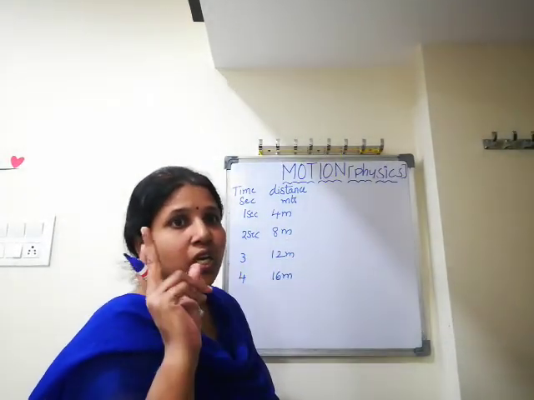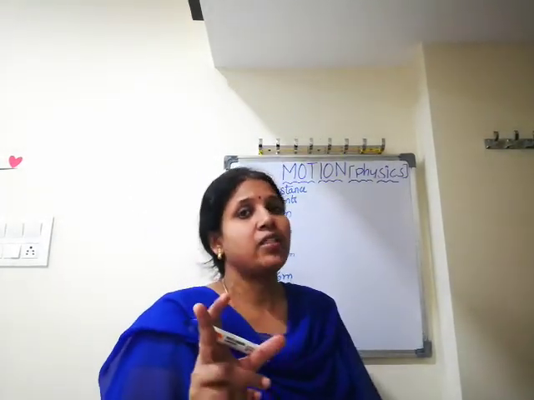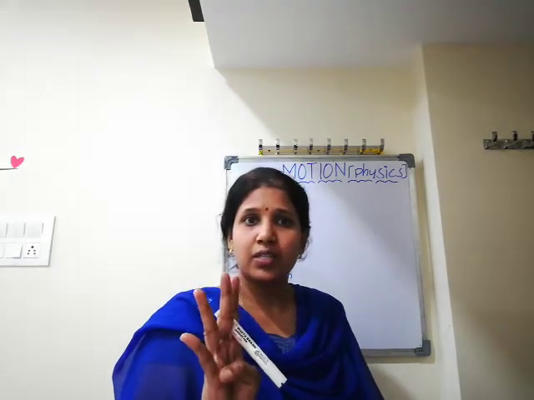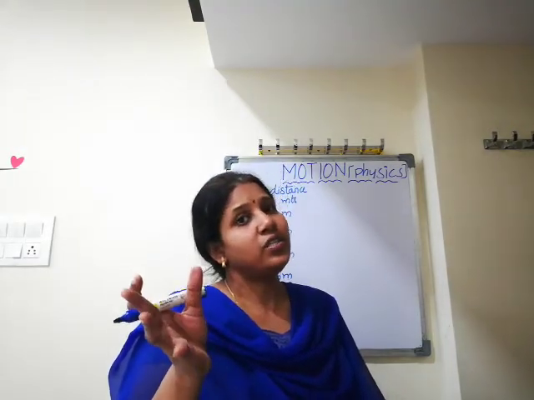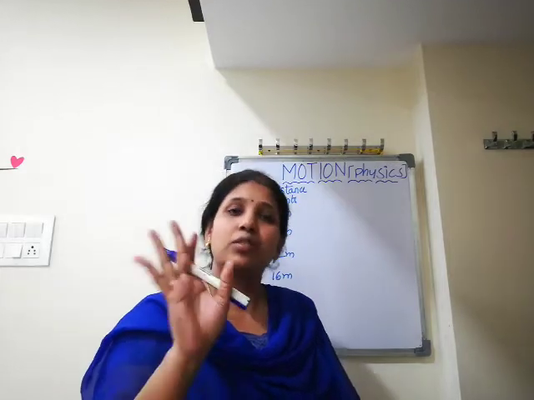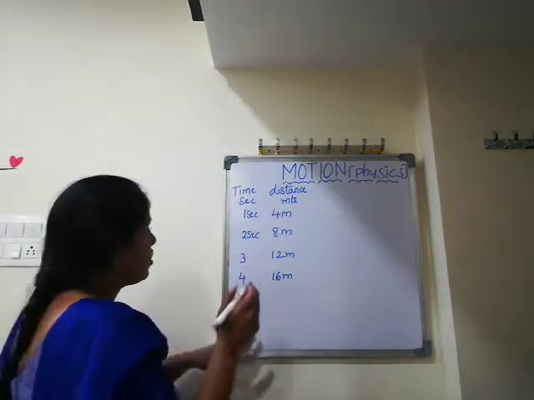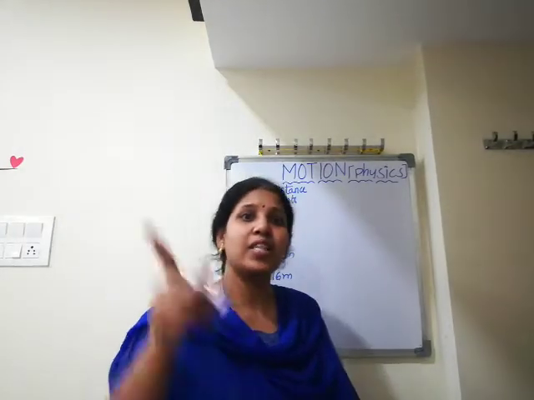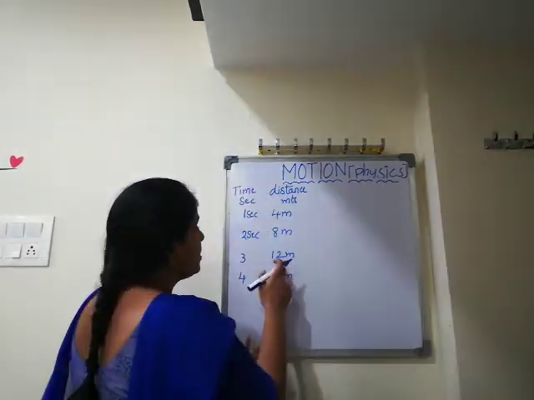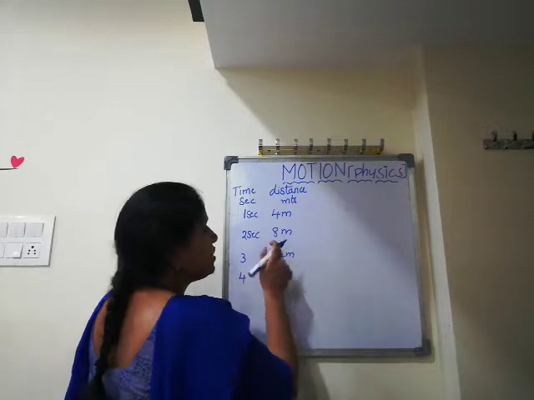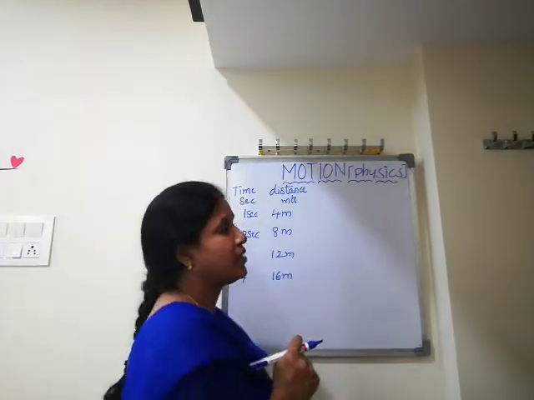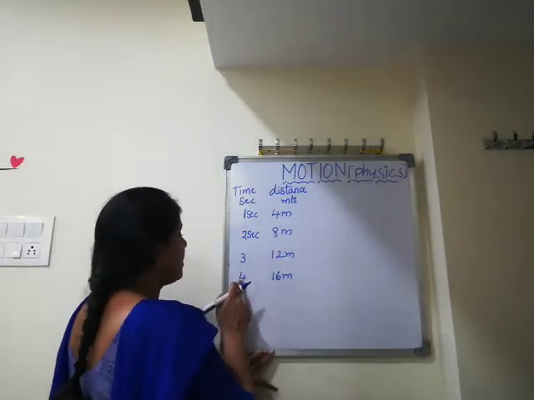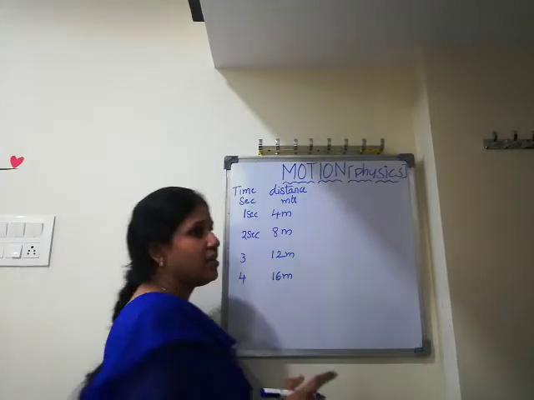Yes sir? No? At the first second the distance travelled is 4 meters. At the second instant again it covers 4 meters. Now here also 3 minus 1, again what is the difference? 1 second. In that 1 second, 12 minus 8 is again 4 meters. Last one, at the fourth second, 4 minus 3, again 1 second.